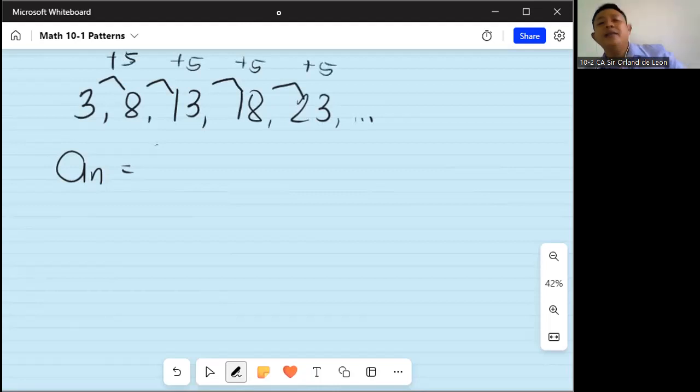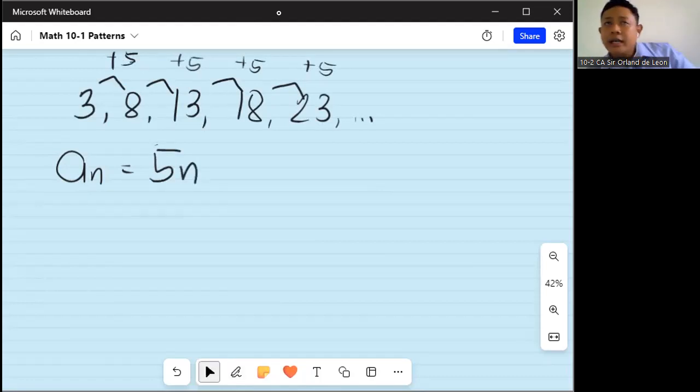Got it. And we all know that if the pattern is plus 5, automatically that's 5 followed by what? That's 5 followed by, just like the example a while ago, n, exactly. 5n.